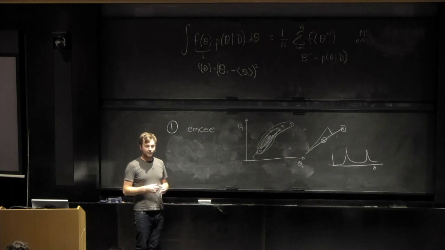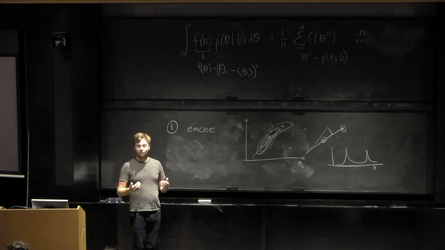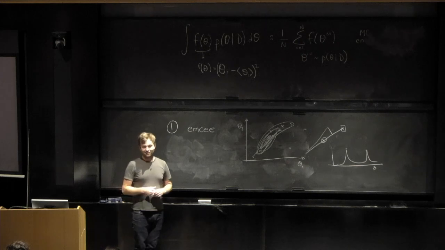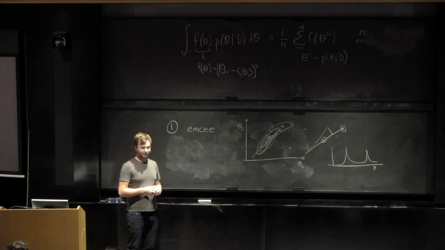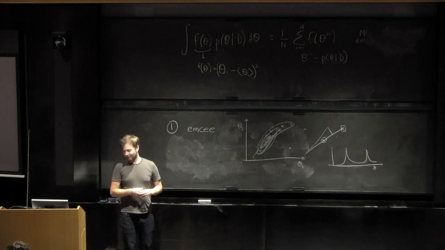But if you have more than a dozen parameters, you're going to have to be super patient. The autocorrelation time can be very long, and it scales very poorly with the number of parameters. So if you have 100 parameters, you better fire up the supercomputer and settle in.